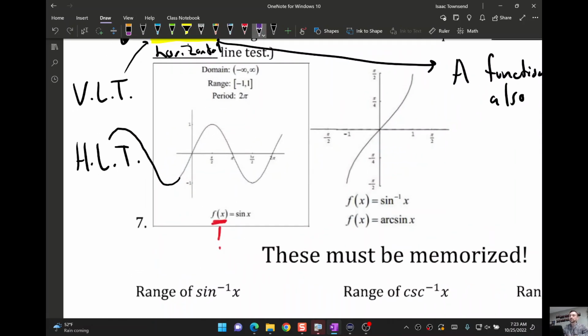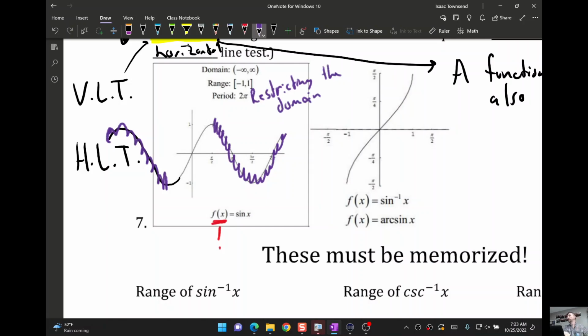In mathematics, sometimes we say, what if I was to ignore this part of the graph and this part of the graph, or ignore that part of the function and that part of the function? There's a mathematical term for that, and it is called restricting the domain.